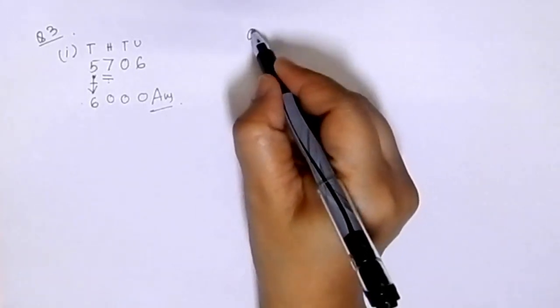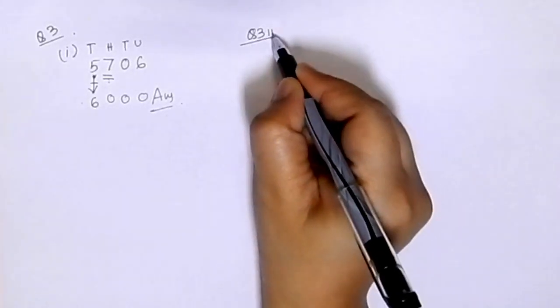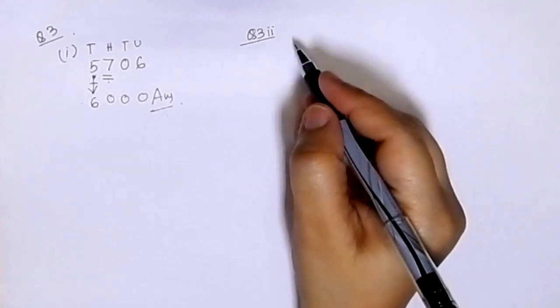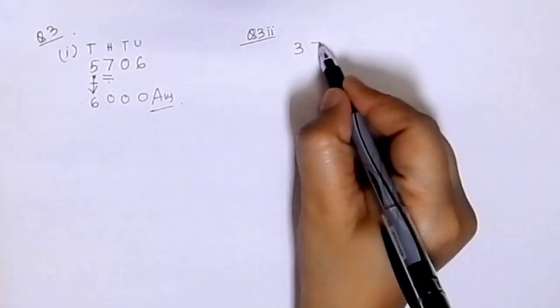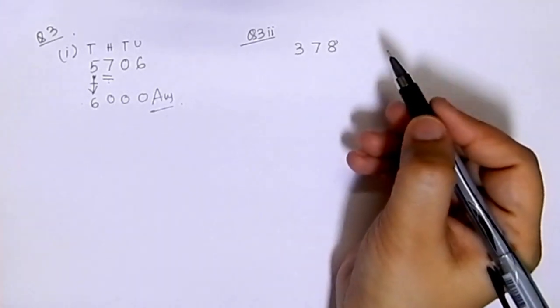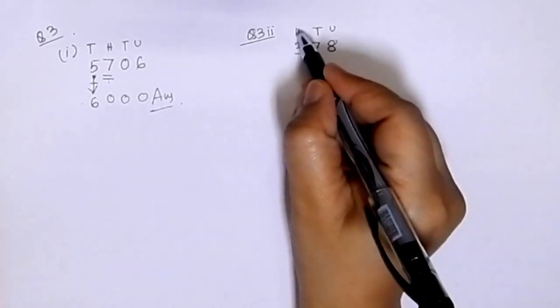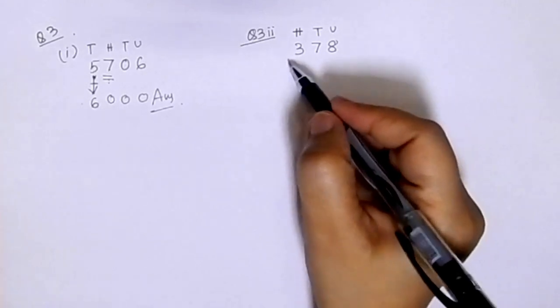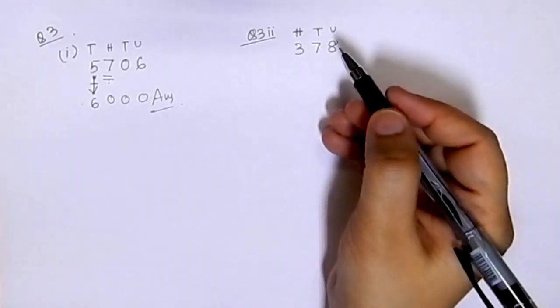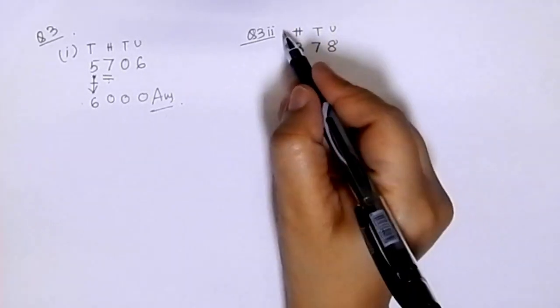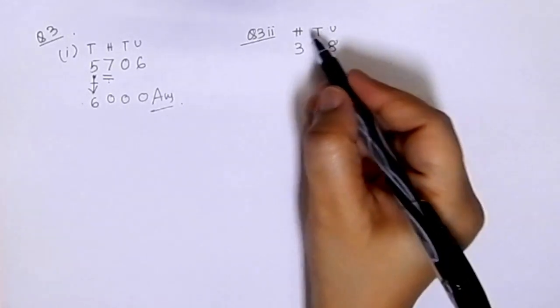We have another interesting question, 3 subpart 2. The question is 378. Now see, here there is no thousands place.